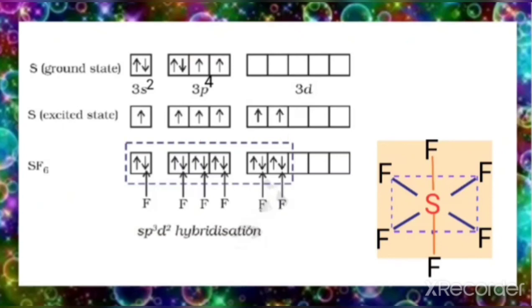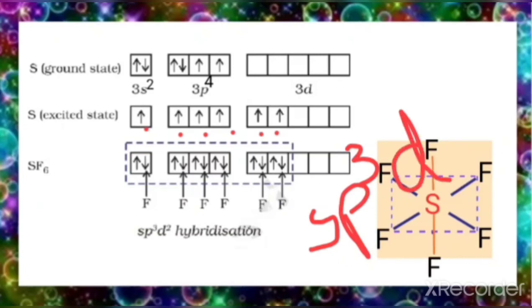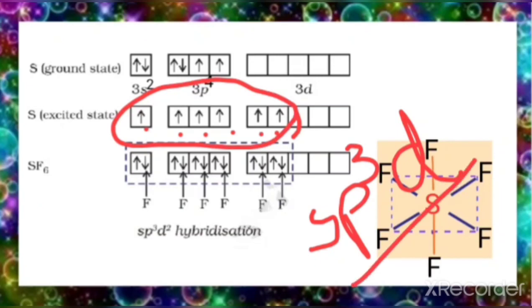So these orbitals, that is one s orbital, 3 p orbitals, so p3, and 2 d orbitals, get hybridized to form sp3d2, because 2 d's are there. So it forms sp3d2 hybrid orbitals.